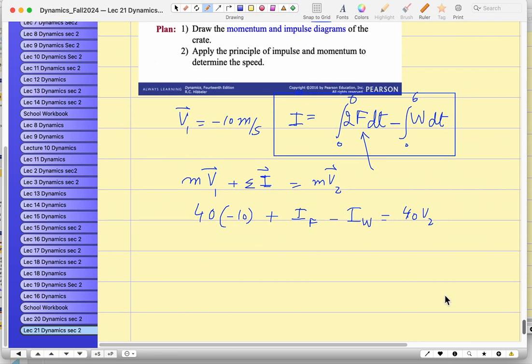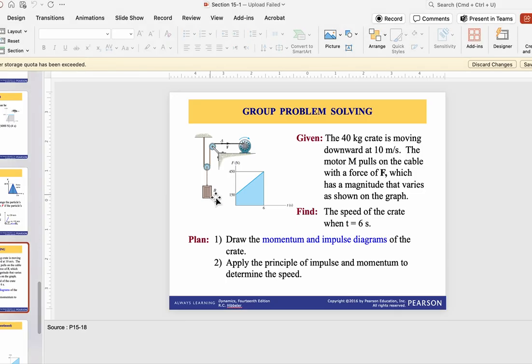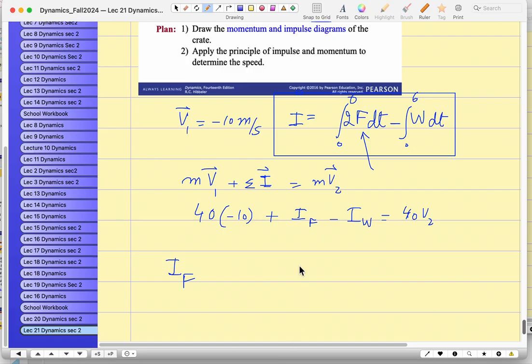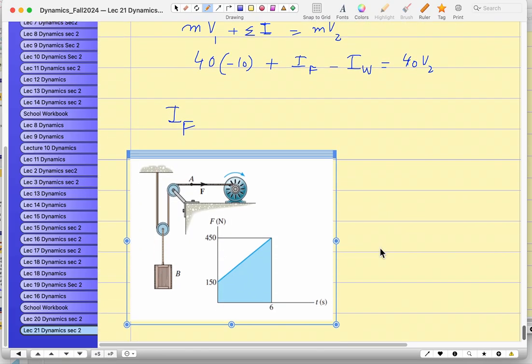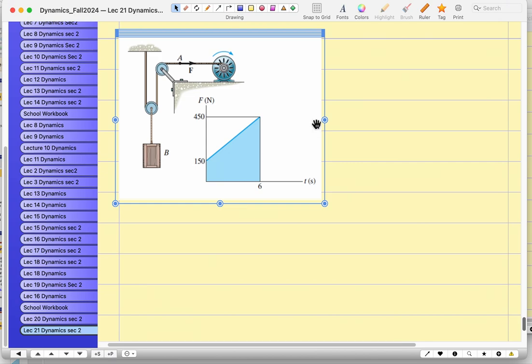So let's do the math. The impulse of the force can be found from this diagram. This plot is useful: you have to find the area under the curve.